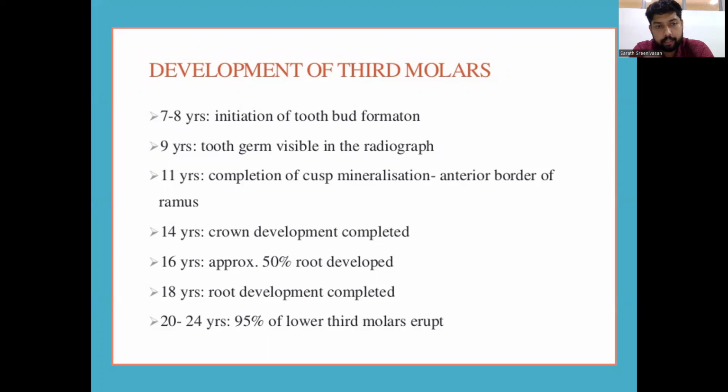Around 14 years, crown development is completed. Around 16 years, approximately 50% of the root is developed. In 18 years, root development is completed. At 20 to 24 years, 95% of lower third molars erupt.